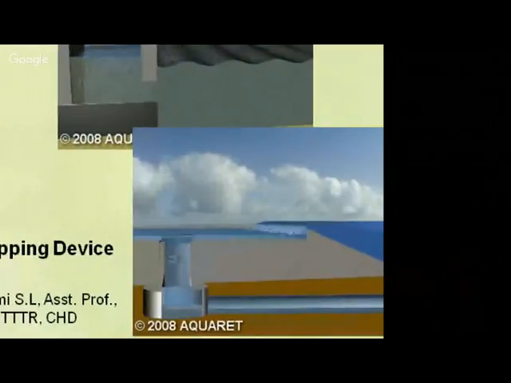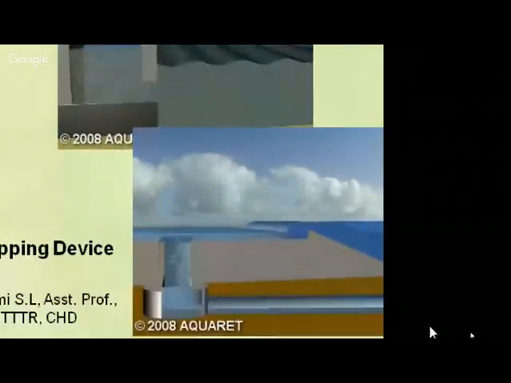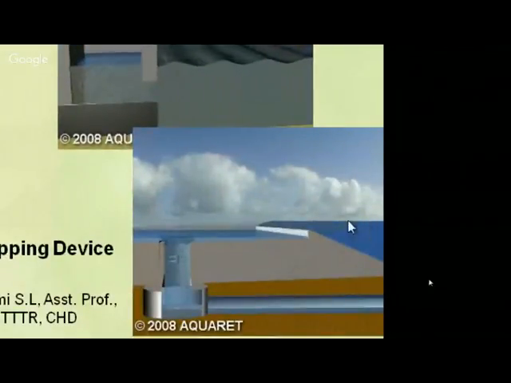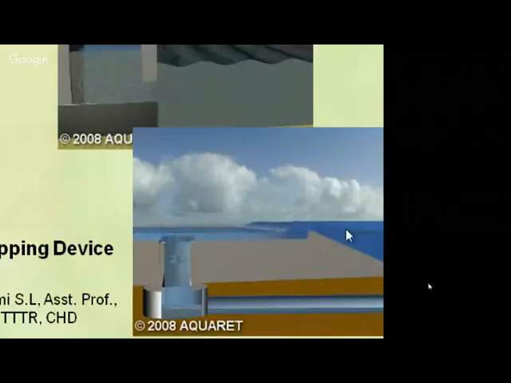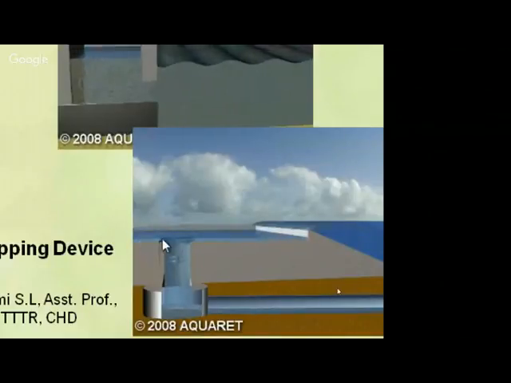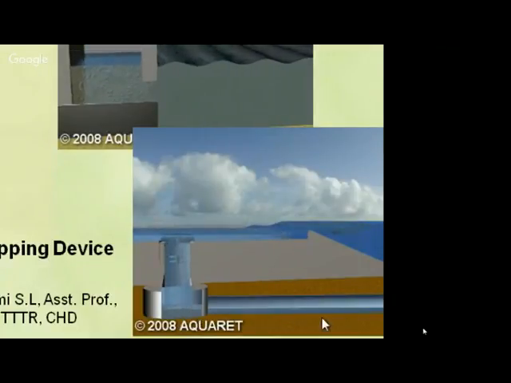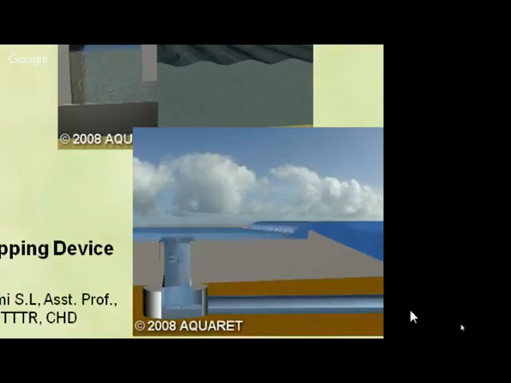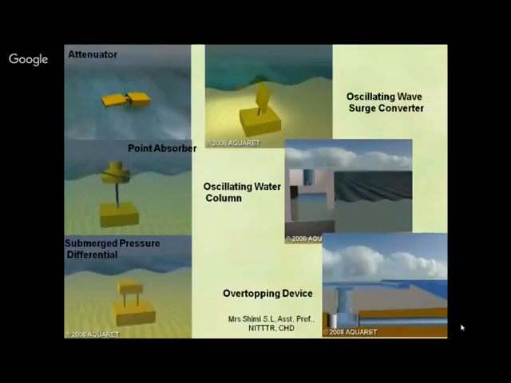In the overtopping device, the ocean waves move over the structure, and the water comes down a column where there is a turbine. This can also be used, and the excess water is sent back to the ocean or sea.